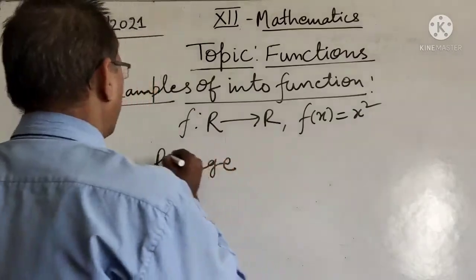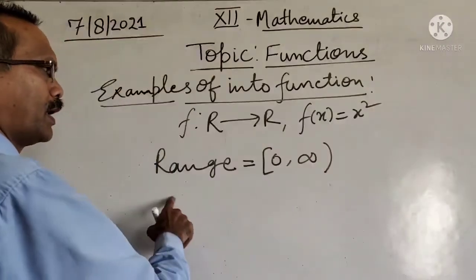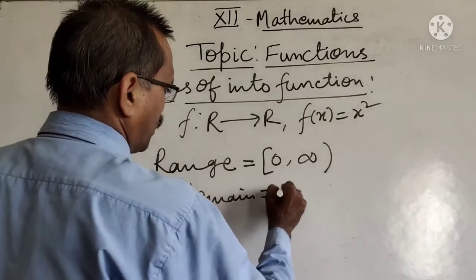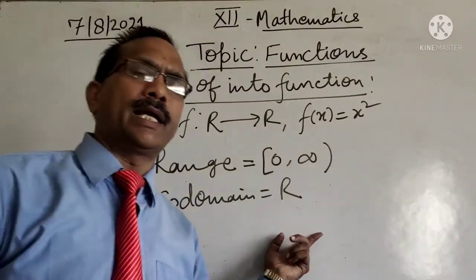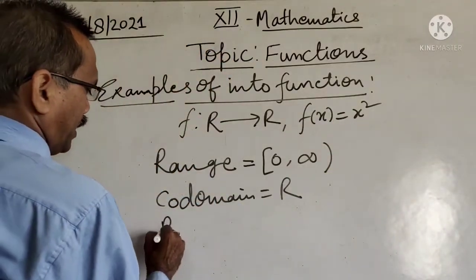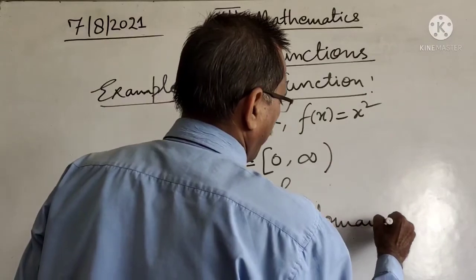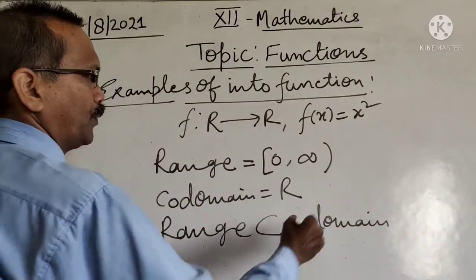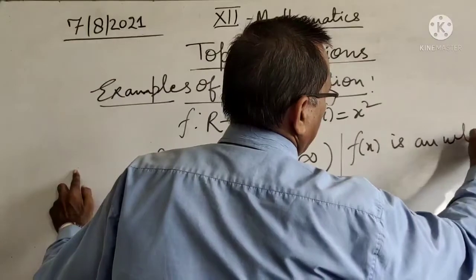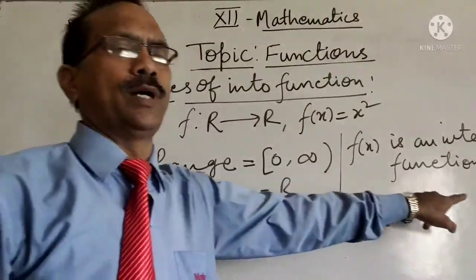Here range equals closed interval 0 to infinity and codomain equals R. Since negative elements are not images, therefore here range is a subset of codomain and the function is into. So f(x) is an into function.